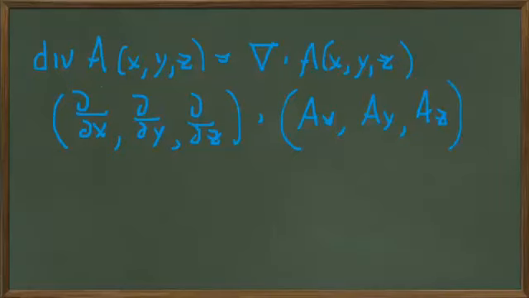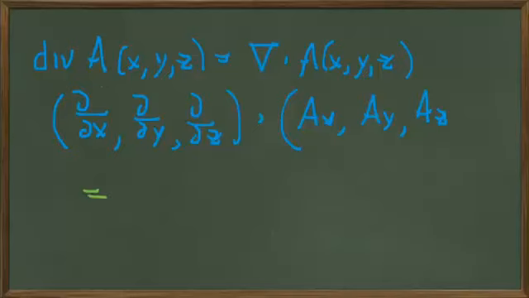And if we dot this together, it's a product, but since all of these parts of the gradient are operators, it's these operators acting on these components. And so what we get is this.